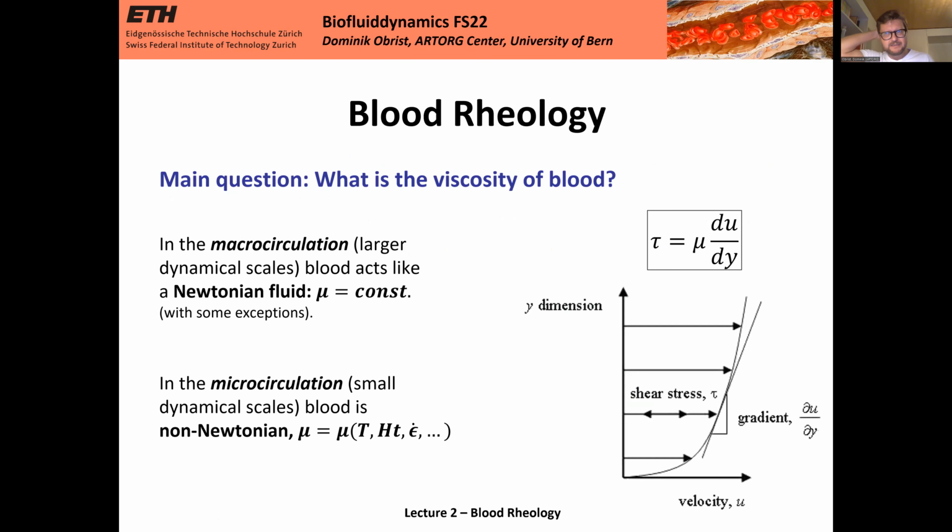Now, if we describe this a bit more mathematically, what we want to understand in this lecture is the viscosity of blood. I just want to remind you how viscosity is defined classically in fluid mechanics. We take a look at this sketch down here at the bottom. We have a wall at the bottom, and the flow going parallel to this wall.